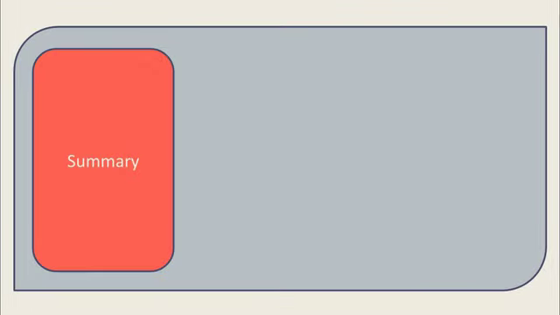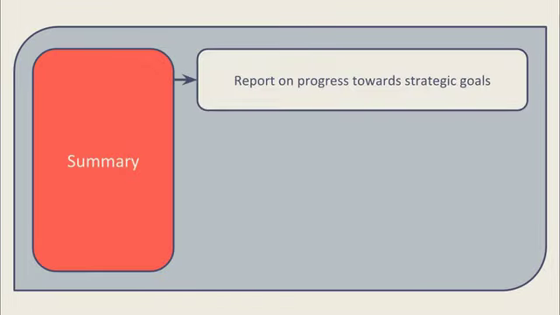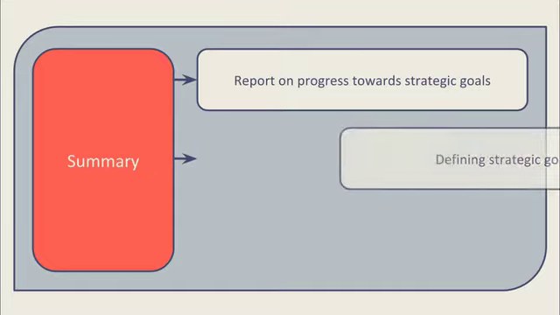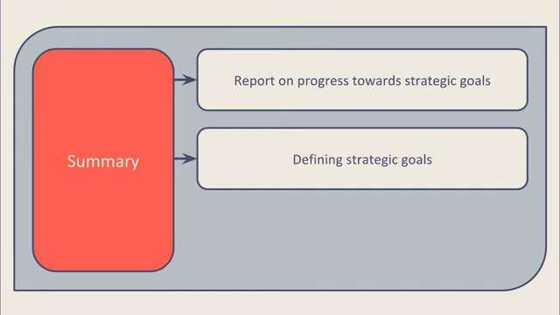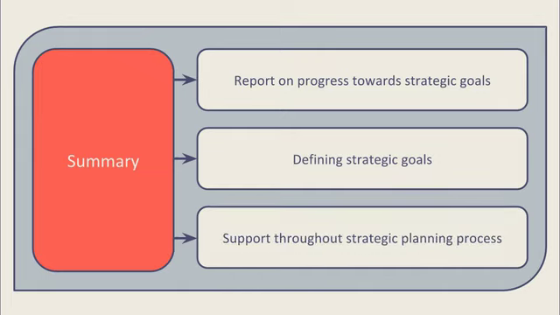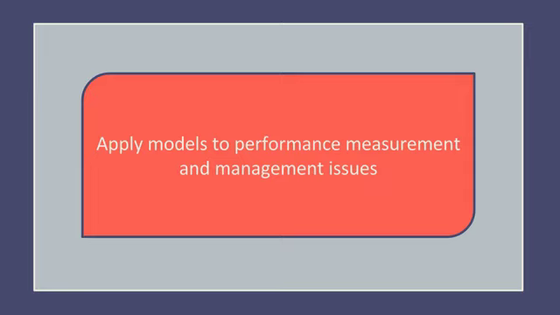In summary, not only do finance report on the rate of progress towards achieving strategic goals, they also have a part to play in defining what the strategic goals should be by providing support throughout the strategic planning process. Make sure you know these models from your earlier studies and importantly apply them to enable an understanding of the performance measurement and management issues being faced.